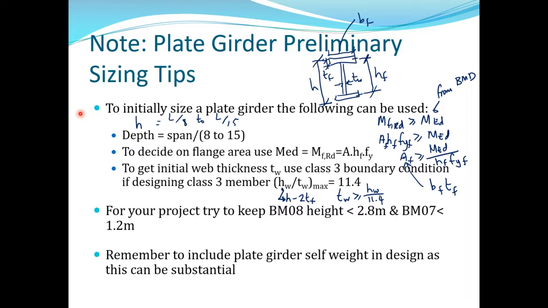And as always, when we're designing plate girders, we need to make sure to keep the self-weight into account when we're doing our design, because it can be pretty substantial. Okay, so that's the examples done for the plate girder and the theory going with it.